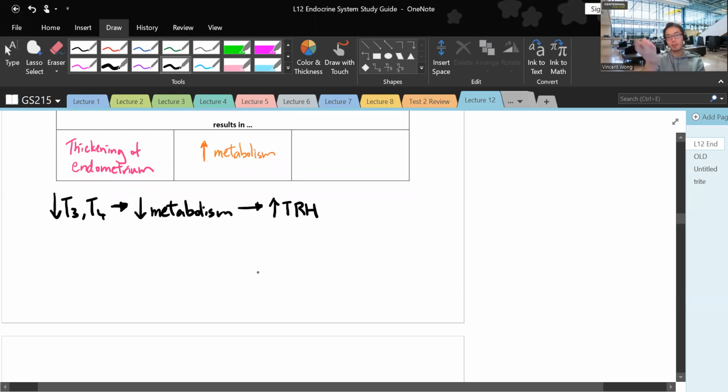I know it's hypothalamus because it ends in RH, a releasing hormone. That will tell the AP, the anterior pituitary gland, to increase thyroid stimulating hormone. This will travel to your thyroid gland and cause you to increase T3 and T4. Increase in T3 and T4 will increase metabolism.